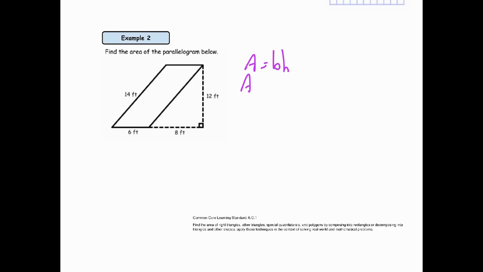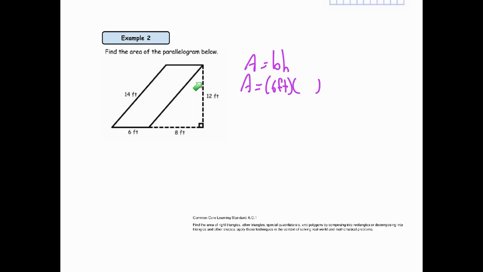So I am going to substitute the 6 feet in for the b, for base. And now we're going to determine the height of the parallelogram. Now the height of a parallelogram does not have to be one of the 4 sides, all right? In fact, it will not be one of the 4 sides in this parallelogram because the height always forms a 90-degree angle with the base.